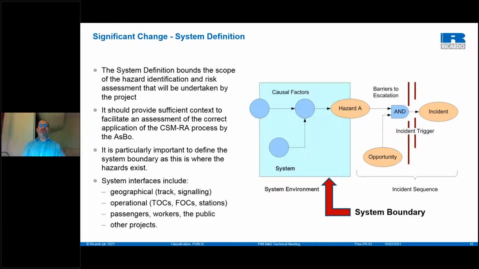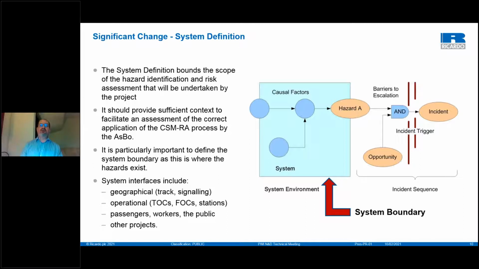Okay, a quick explanation of what a hazard is. A hazard exists on the system boundary, and it is the situation that has the potential to cause, that can lead to an accident. The causal factor is a circumstance that can lead to a hazard.